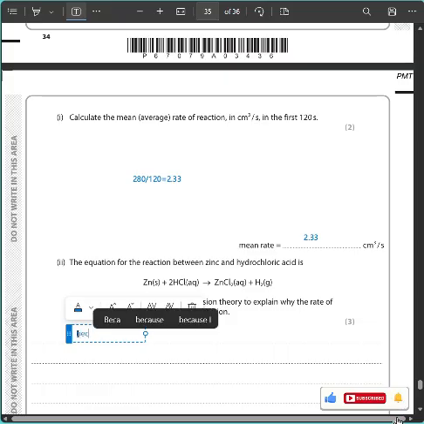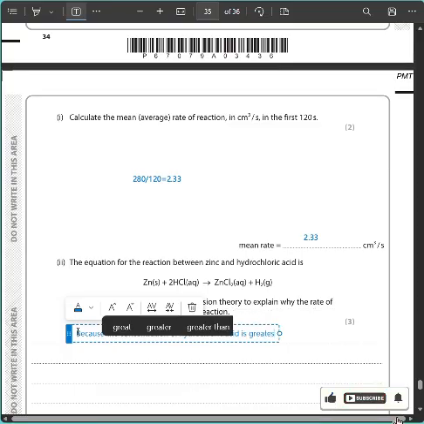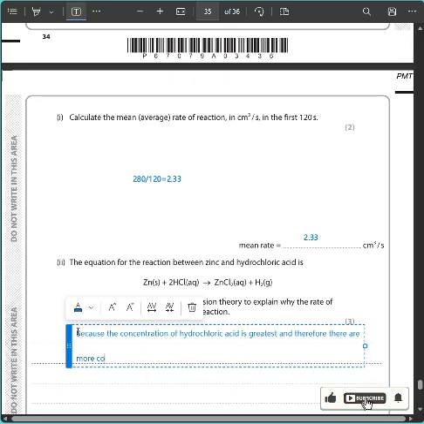Because the concentration of hydrochloric acid is greatest, and therefore there are more collisions per unit time at the starting of the reaction.